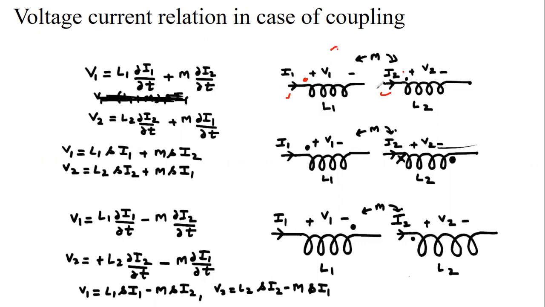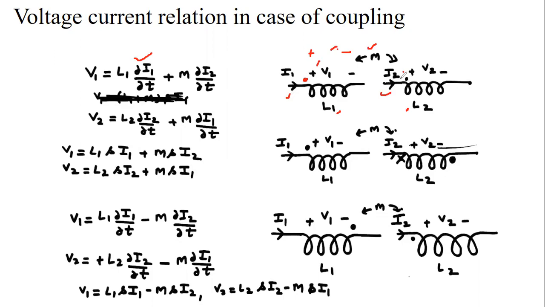So see, if these coils L1 and L2 are mutually coupled with a mutual inductance M, then what is the value of the equations V1 and V2? First, V1 has one term of voltage due to I1, with the sign plus minus. So the first term is V1 equal to L1 del I1 by del T. This is due to the current I1.